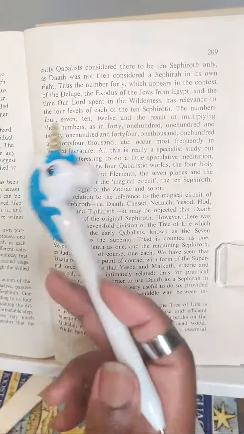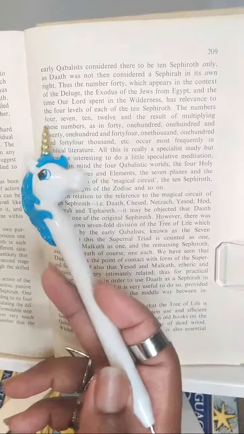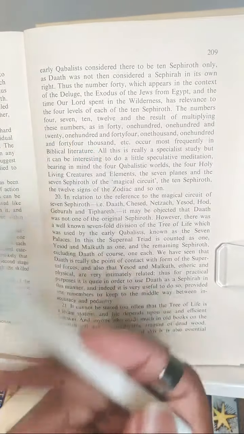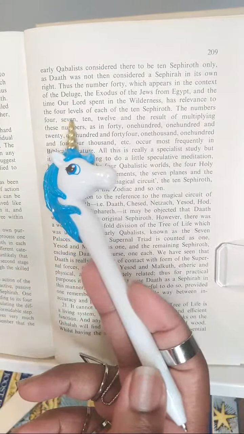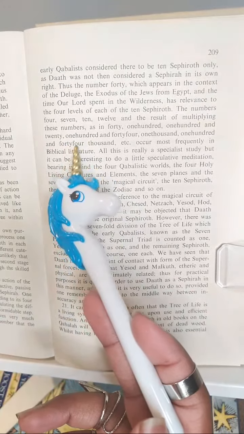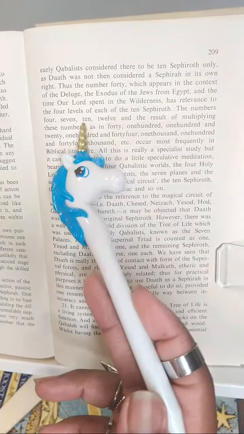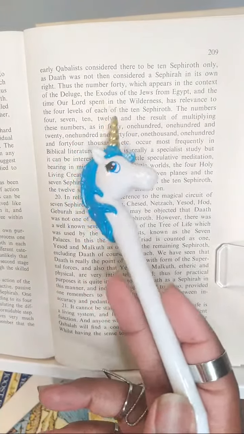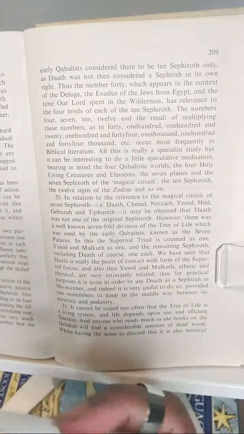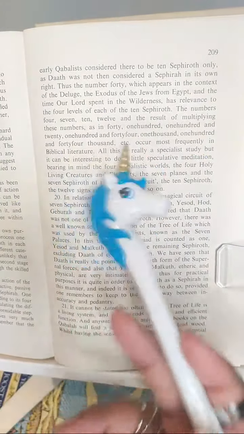When you see the number 4, it's probably best to think of the 4 elements, or the 4 creatures, or the 4 worlds. When you think of the number 7, it will probably be best to think of the 7 core Sephirah, the ones not including the upper triad. When you think of 10, think of the whole tree. When you think of 12, think of the zodiac. And he said even multiplying those, right? Because we see the 144,000.